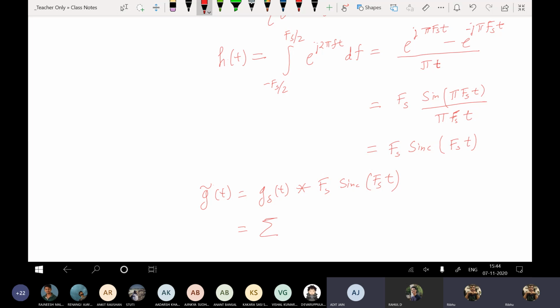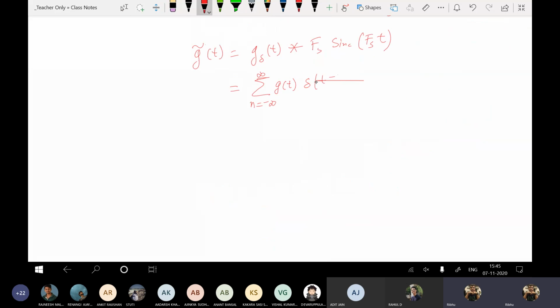Equals summation n goes from minus infinity to infinity g(n) delta(t minus nTs) convolved with Fs sinc(Fs t). Sorry, this is not g(t), this is g(n).